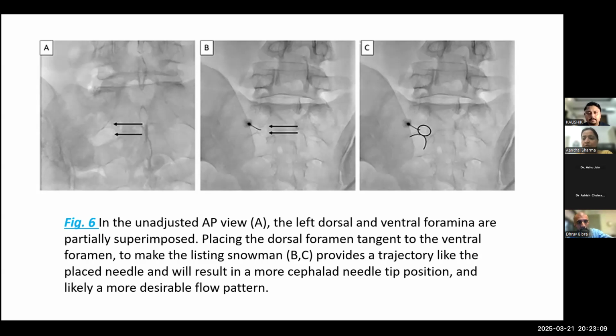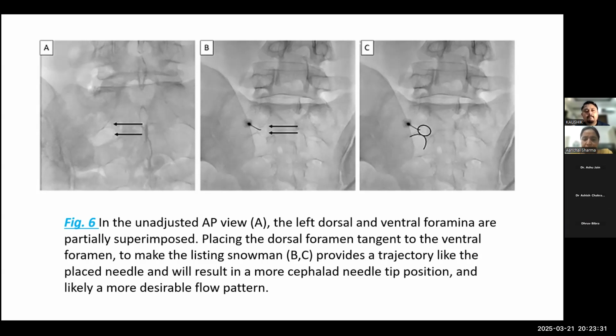Okay, Kaushik. Just a small comment from me, Dr. Achal. If you see this image, specifically image C, the needle is at the 9 o'clock position. If you imagine the circle as a clock, the needle is entering at 9 o'clock.